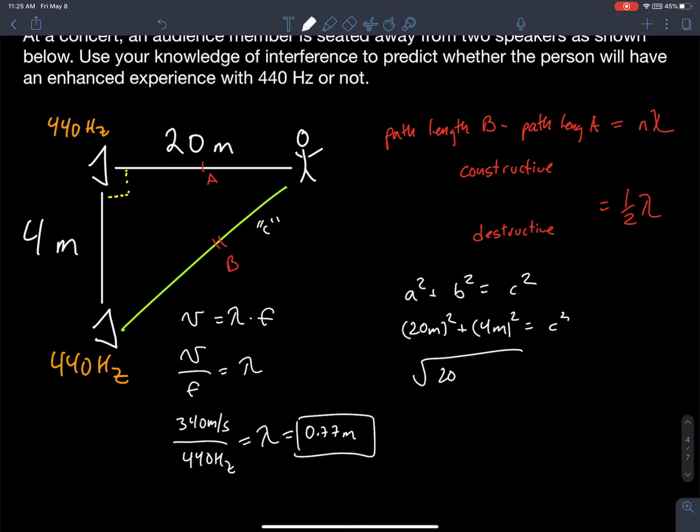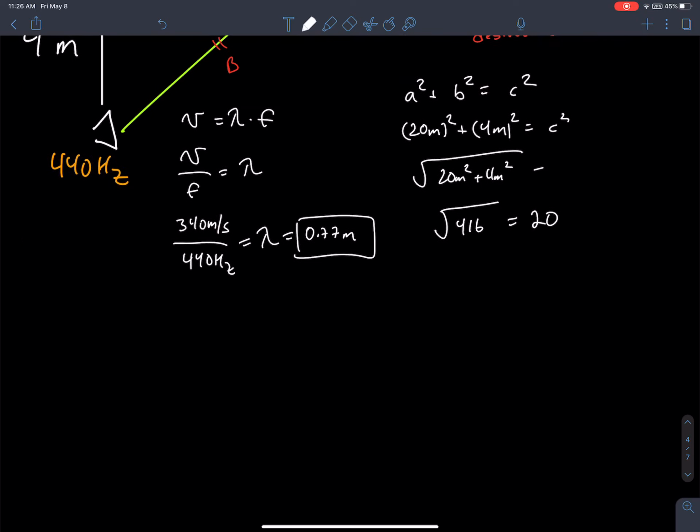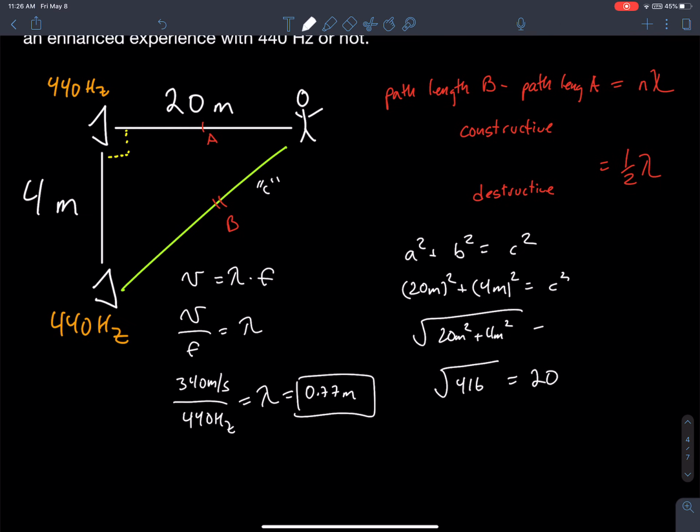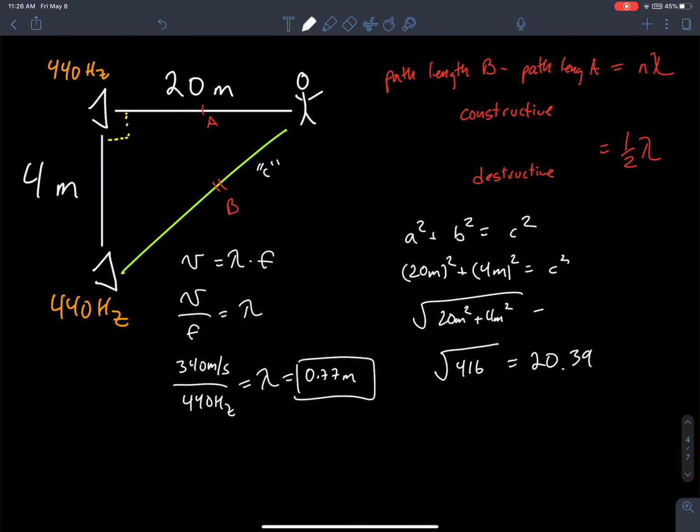If I take the square root of 20 meters squared plus 4 meters squared, that's going to be c. In this case, the square root of 416 is going to be equal to around 20.39 meters. Okay, so that's going to be path length B.